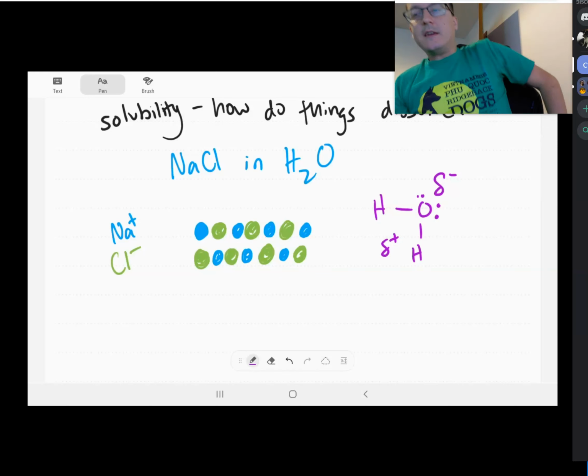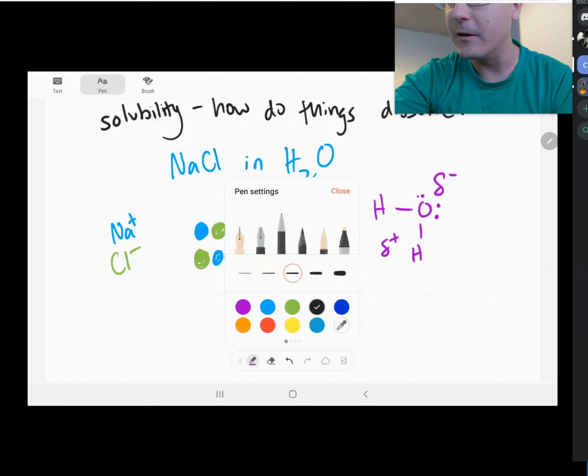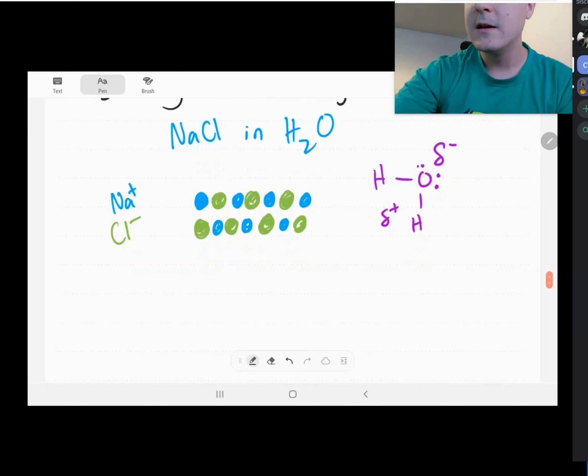We're going to see that an ionic substance will dissolve in water if the attraction between the water and these ions is stronger than the attraction of the ions to each other. Let me write that out because that's a lot to get at once.